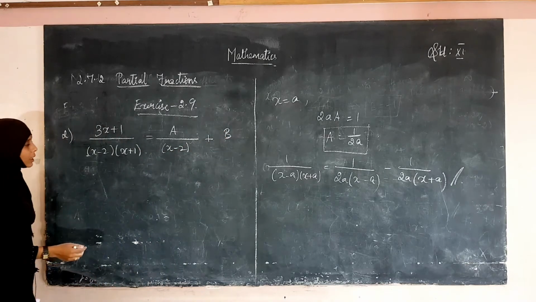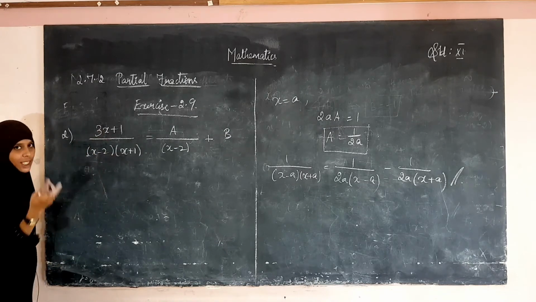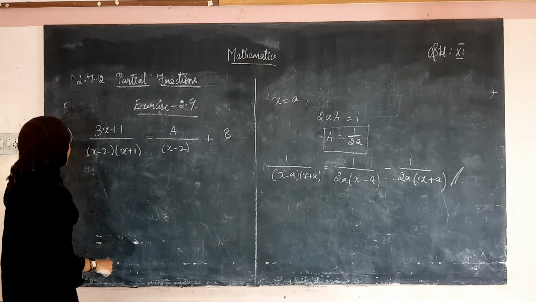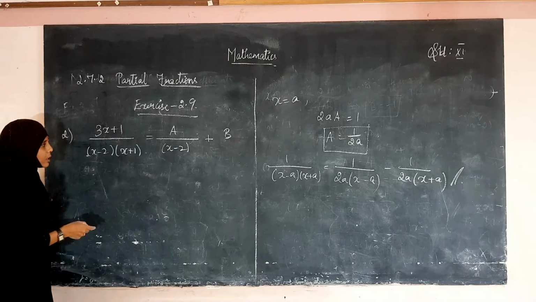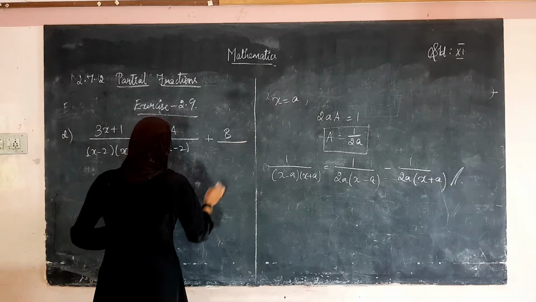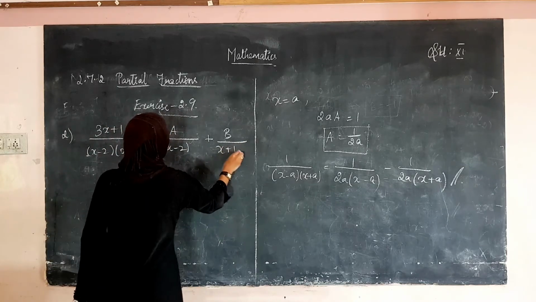Before that we have to check the degree. The numerator is x to the power 1 and the denominator is x into x, which is x square, therefore degree 2. And there is a real factor 2 and a real factor minus 1, so no problem.